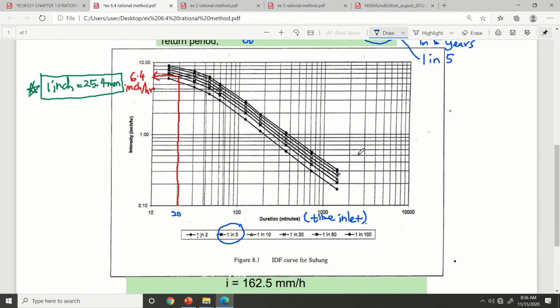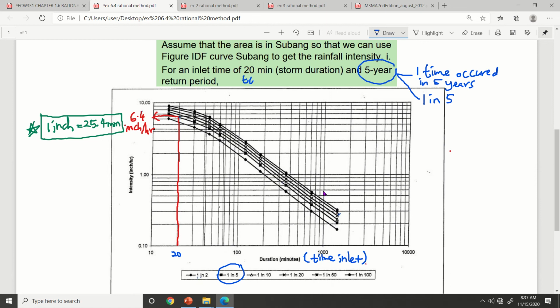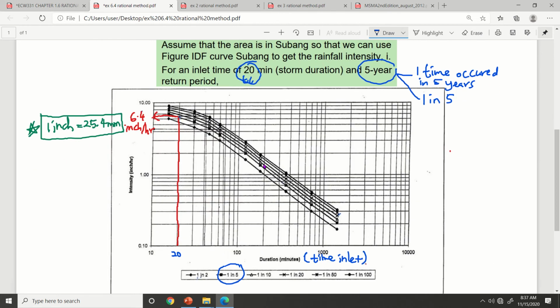So we use the IDF curve to get the I value. This IDF curve is actually intensity in inch per hour versus duration in minutes. So you have TC of 20 minutes, and 1 in 5 years.